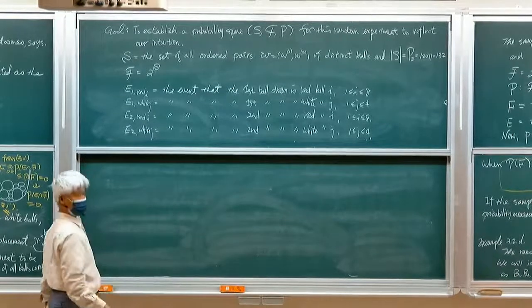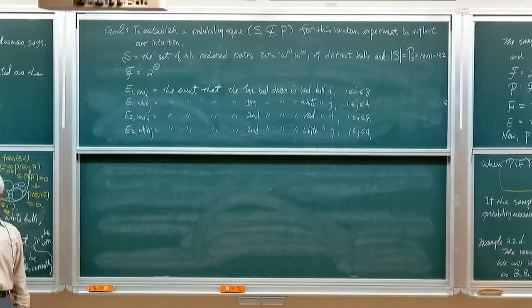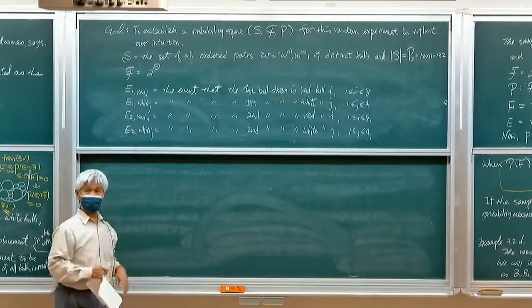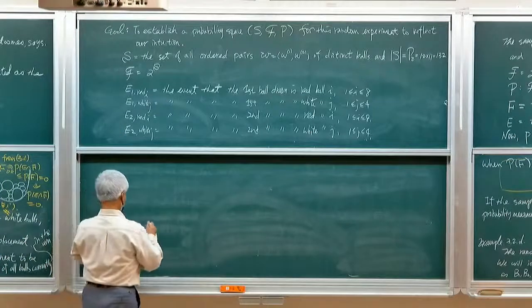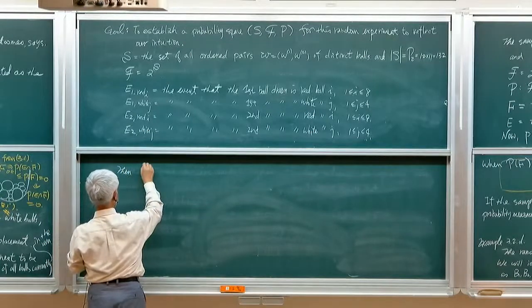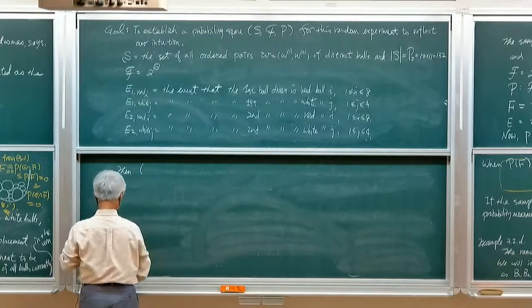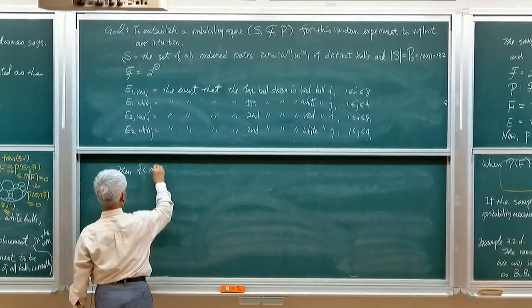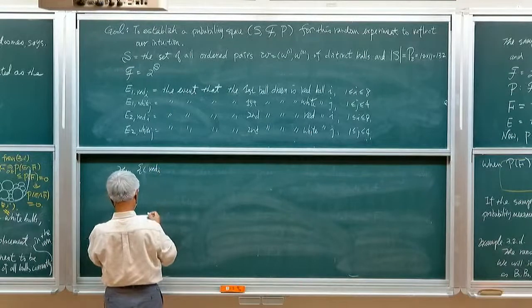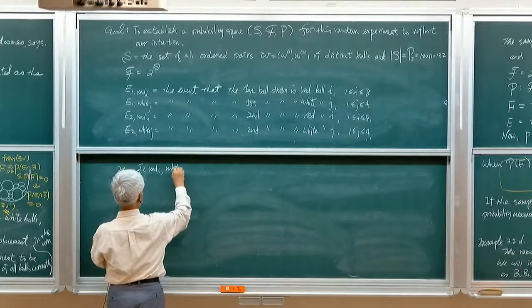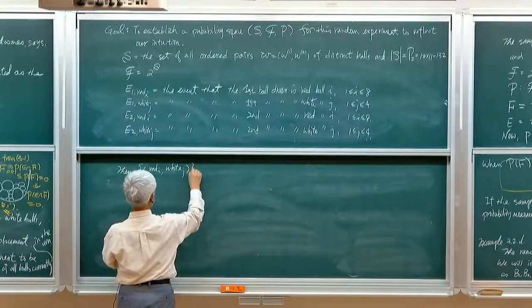Right? Now we can describe atomic events by using these 4 kinds of events. Okay, so then red I and white J, for example.